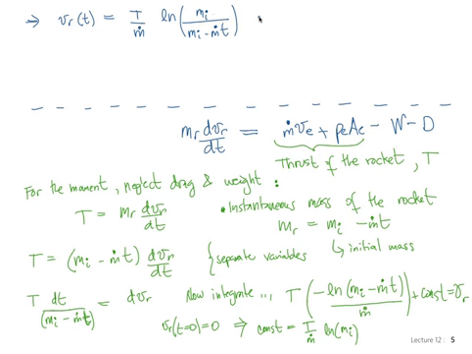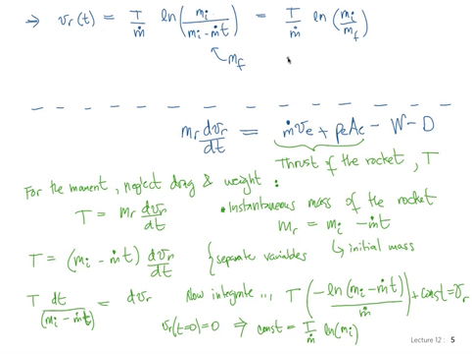Or another way that we could write it is T over m dot times ln of m initial over m final, because this is like the final mass at any point in time, the initial mass minus what's been burned out, right?